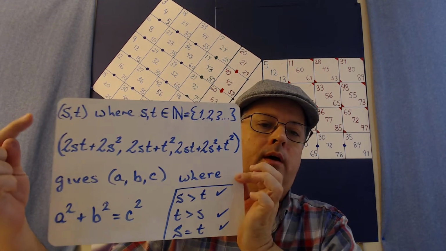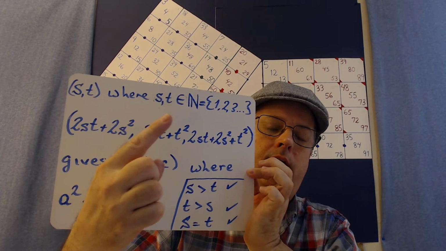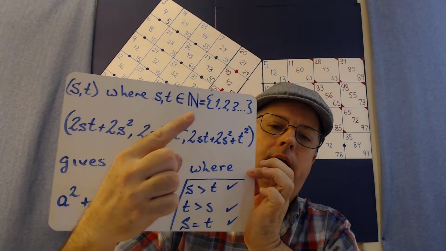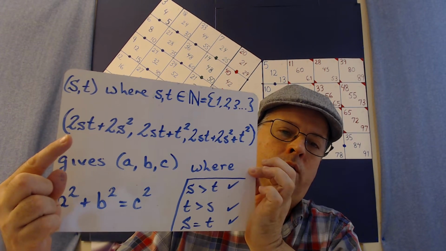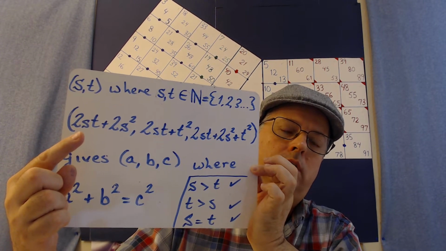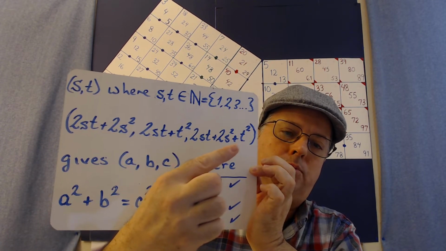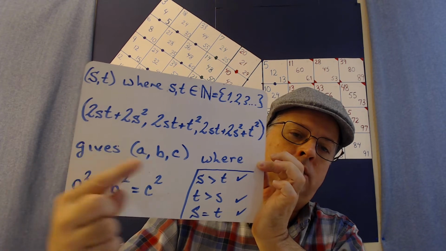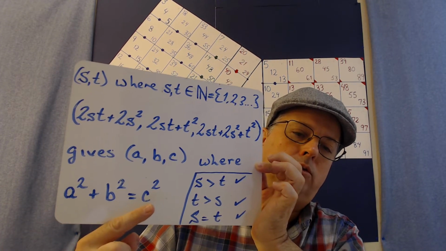So the idea is that if we have an S and a T value, where the S and T values are elements of the natural numbers, those are the counting numbers, and we arrange the S and T values according to these three algebraic expressions, this will give us A, B, and C values, where A squared plus B squared equals C squared.